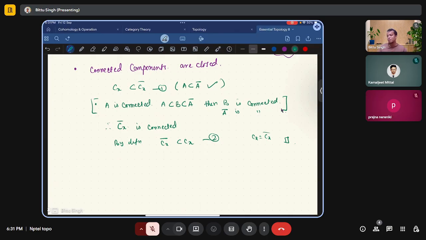Now, what about openness? Can connected components be open? There can be some problem. For example, we have already seen that these connected components may not be open.